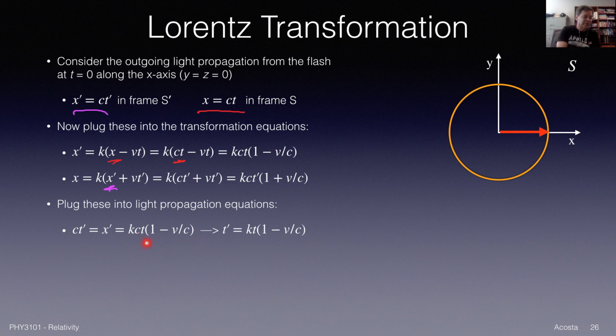So I can solve for t prime, and I can cancel the c on both sides, here and here. And so I have that t prime is just kt times the quantity 1 minus v over c.